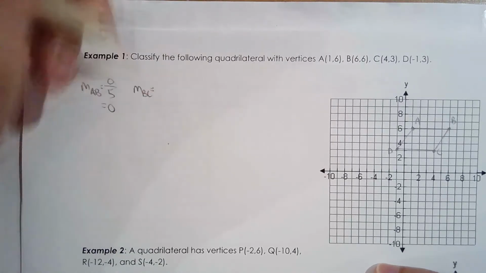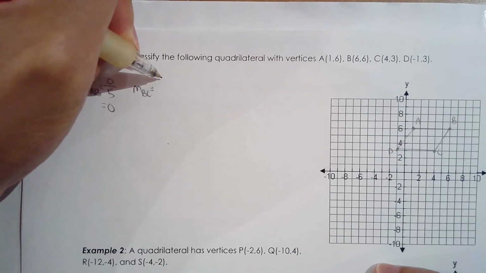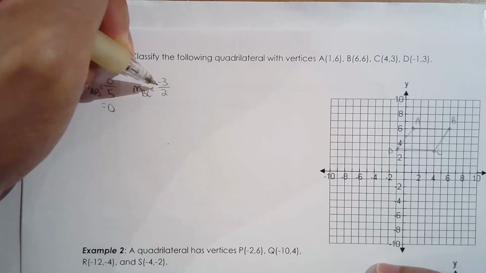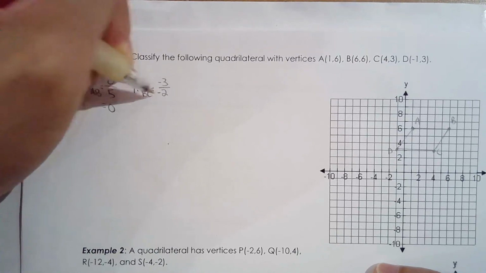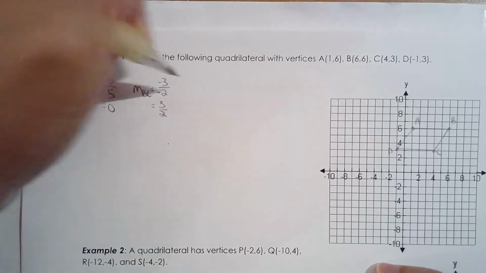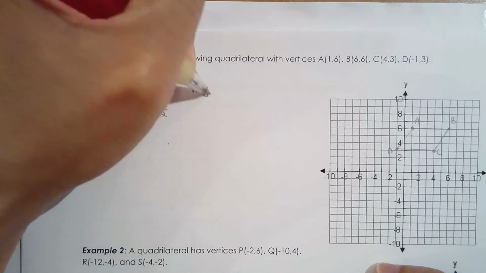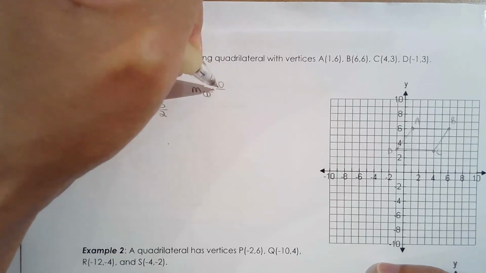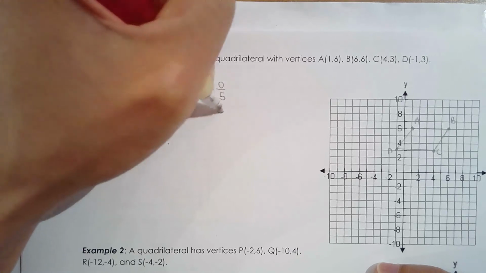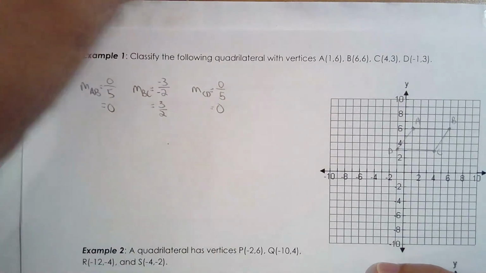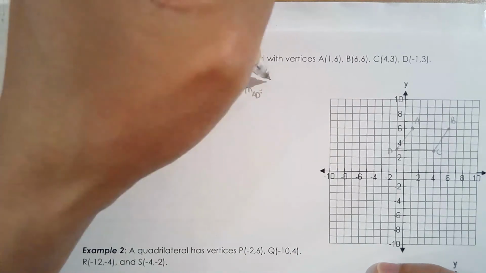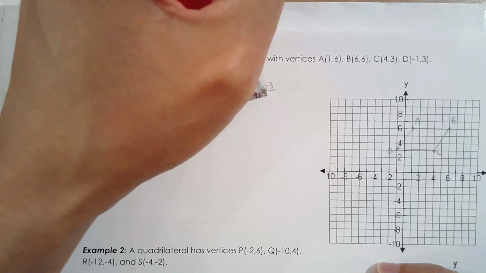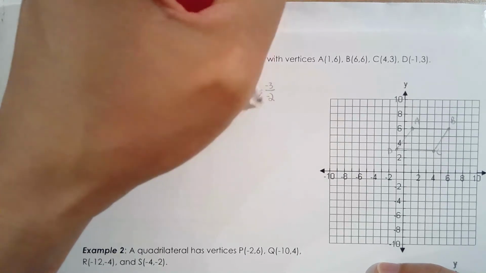The slope of BC is negative 3 over negative 2, which is 3 over 2. The slope of CD is 0 over 5, which is 0. You'll know, like last time, why we don't simplify right away. The slope of AD is negative 3 over negative 2, which is 3 over 2.